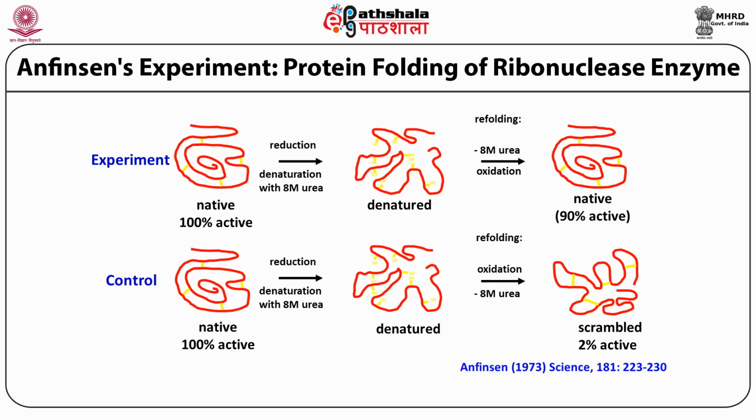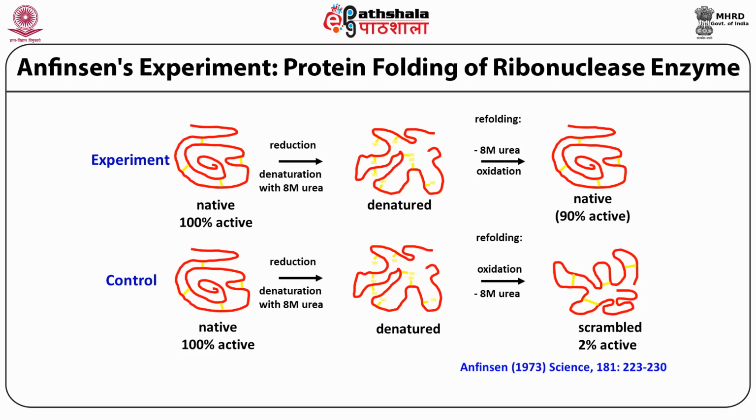The harsh conditions of beta-mercaptoethanol and 8 molar urea denatured this particular protein. Subsequently, when this denatured protein was subjected to dialysis to remove the 8 molar urea and subsequently oxidized, we find that the protein refolded and almost 90% of the molecules were in the active form.